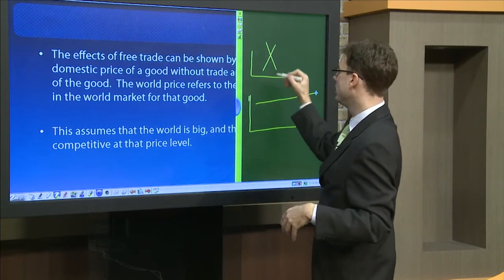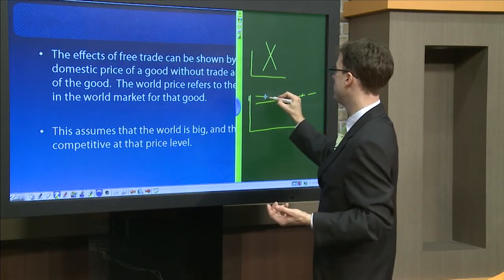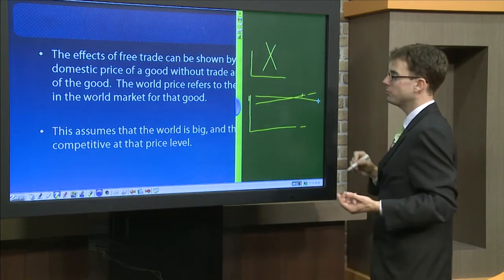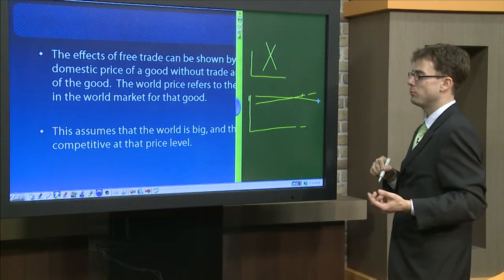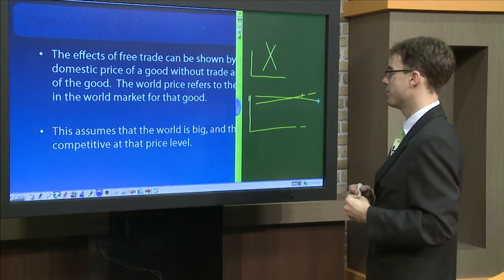And similarly, the worldwide demand curve for steel will also be very elastic because we are adding up many countries, many consumers together.